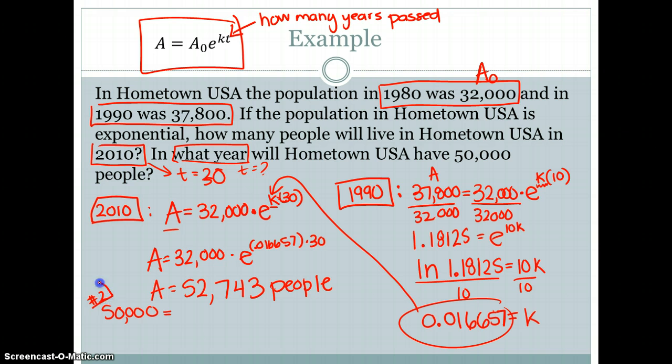So this is question 2: A equals, we start with 32,000, e to the 0.01667 times t. Take a minute, solve this problem on your own, and then check your answer. You should get a t value of, once you solve, 26.8 years, which would put that in 2000.